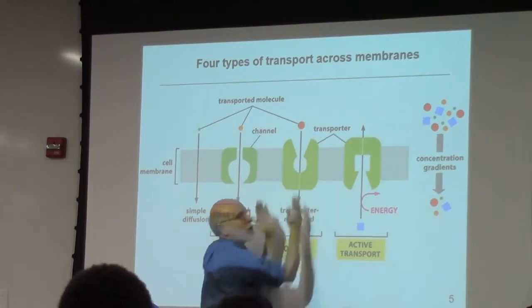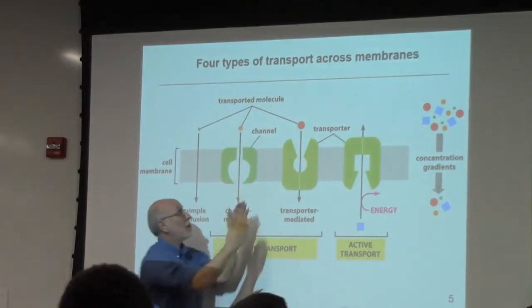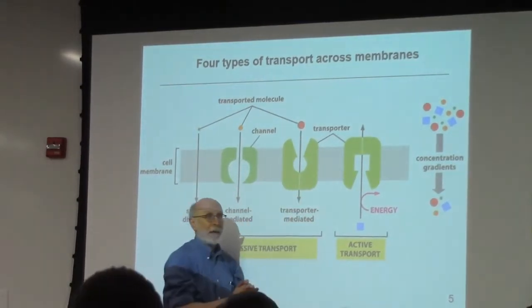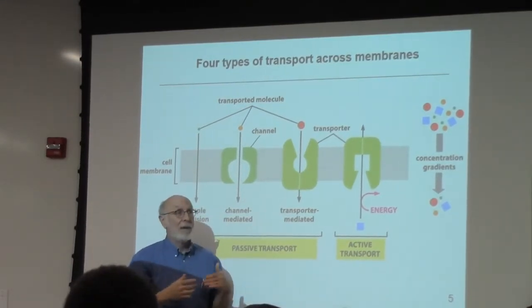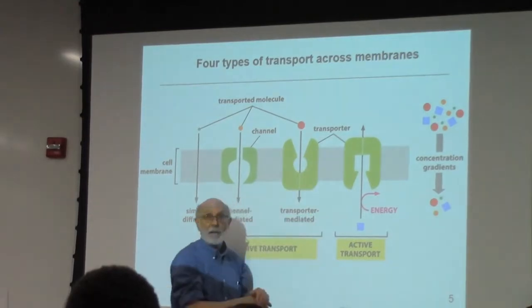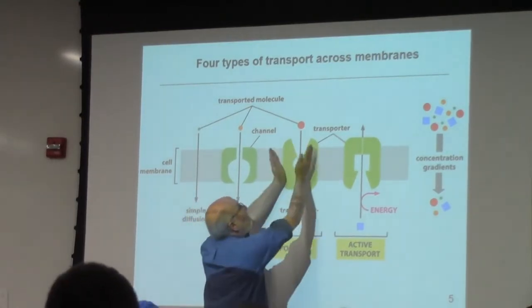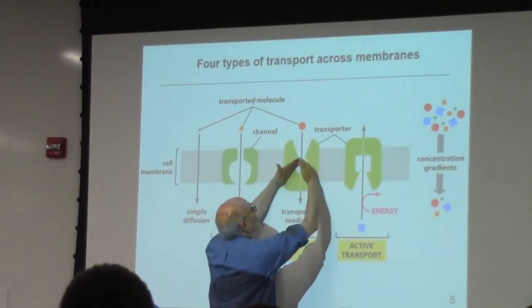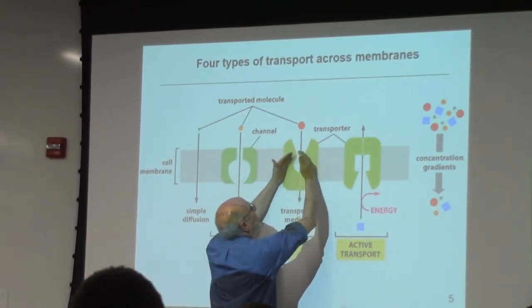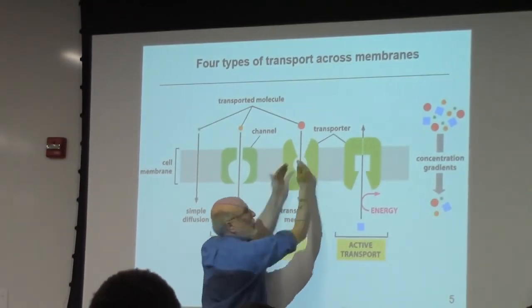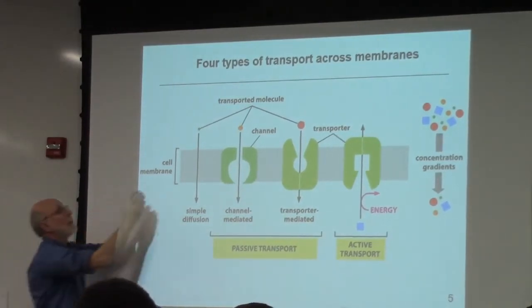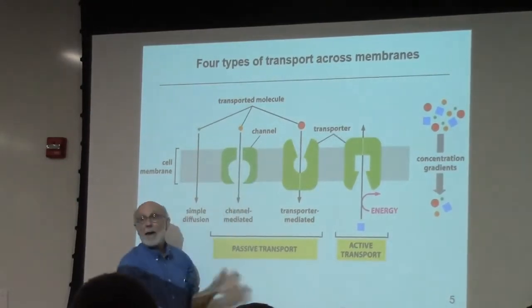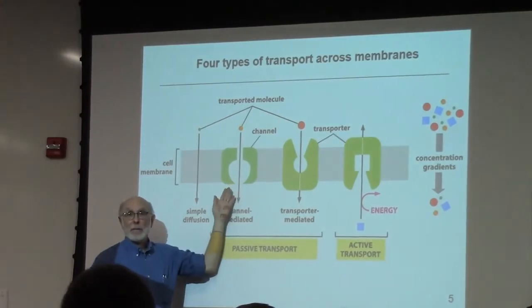At no point is it a channel that allows ions to just flow because it's open. It's always closed on one side or the other and binding on the other side. So binding, unbinding, binding, unbinding, individually. That's the difference. Here it's closed, open, and now thousands of ions flow.